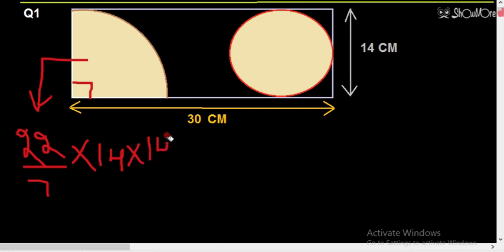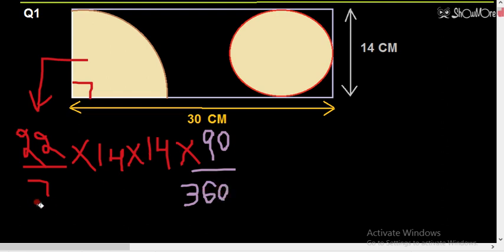Now we have to use the sector formula, because this is not a complete circle. So sector means theta is 90, and we have to divide it by 360. So this is the area of this 90-degree sector part. I hope now it is clear.